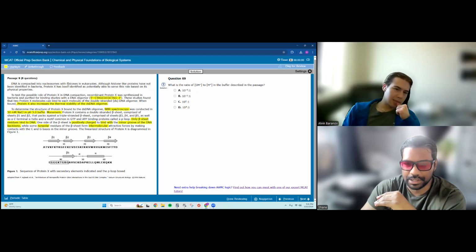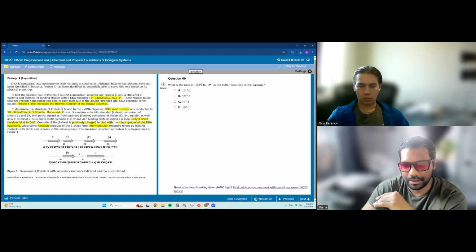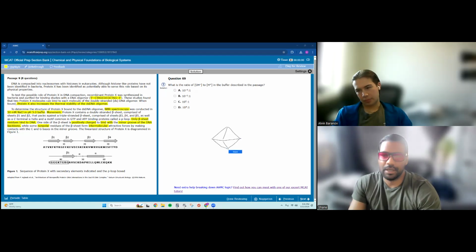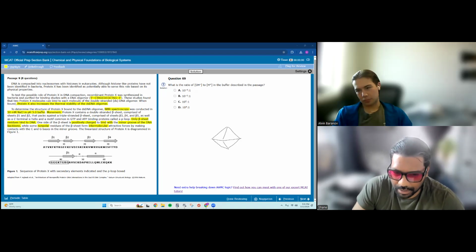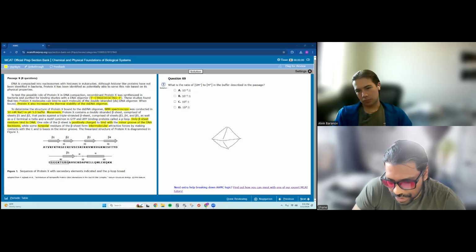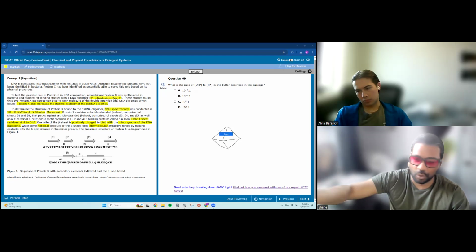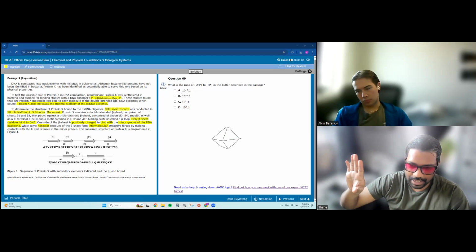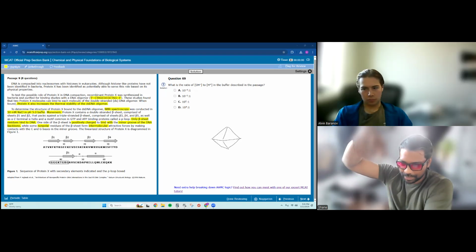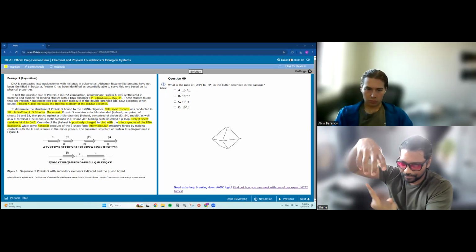Imagine a pyramid, which on a regular pyramid has 4 faces, and imagine another pyramid placed underneath with another four.